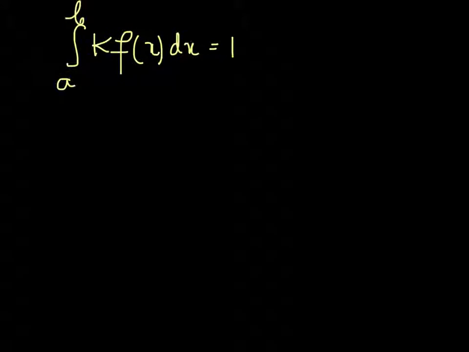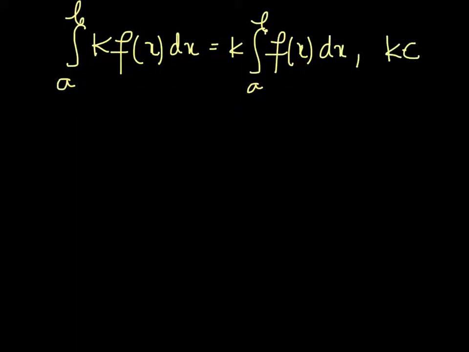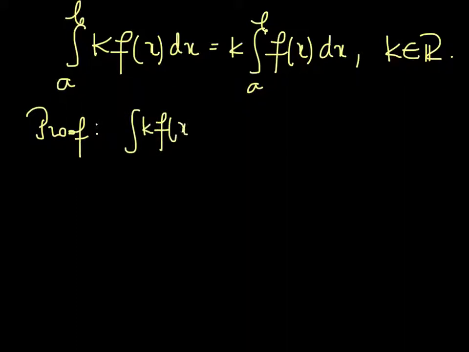And the last property is integral from a to b of k f of x dx is k integral from a to b of f of x dx, where k is a constant. Proof. Now we know that indefinite integral k f of x dx is k integral f of x dx.